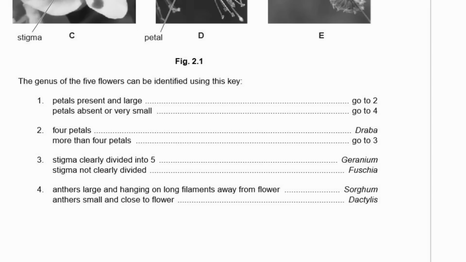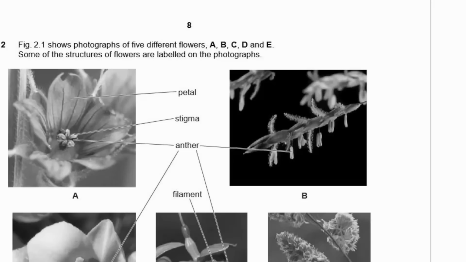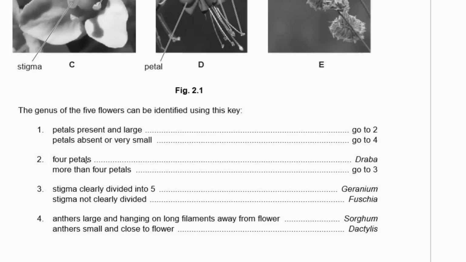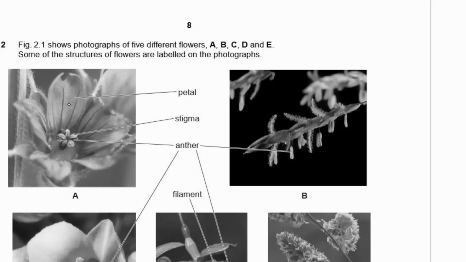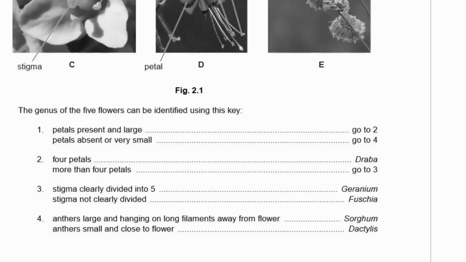So let's start with flower A. Are the petals present and large? I would say yes, they are definitely very present and large. So we go to 2. Do they have 4 petals, or do they have more than 4 petals? Okay, I see 1, 2, 3, 4, and more. So they have more than 4 petals. We go to 3.